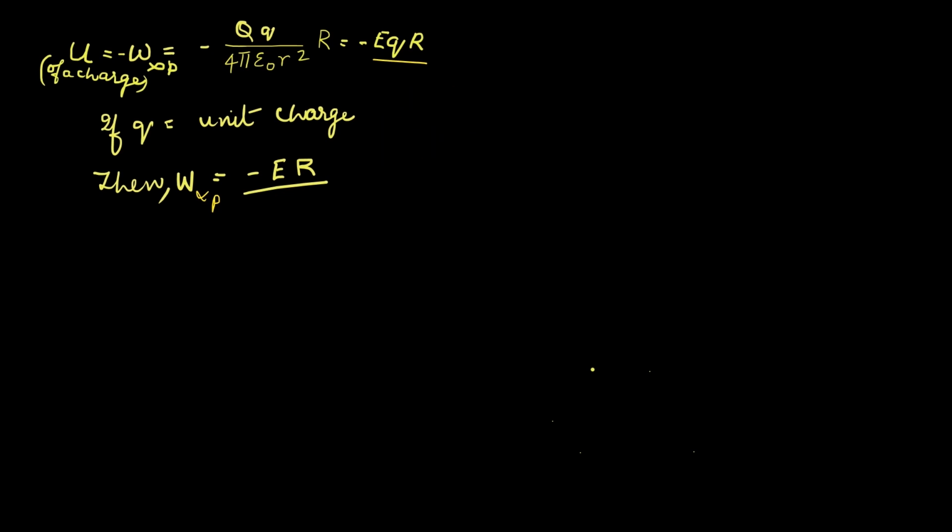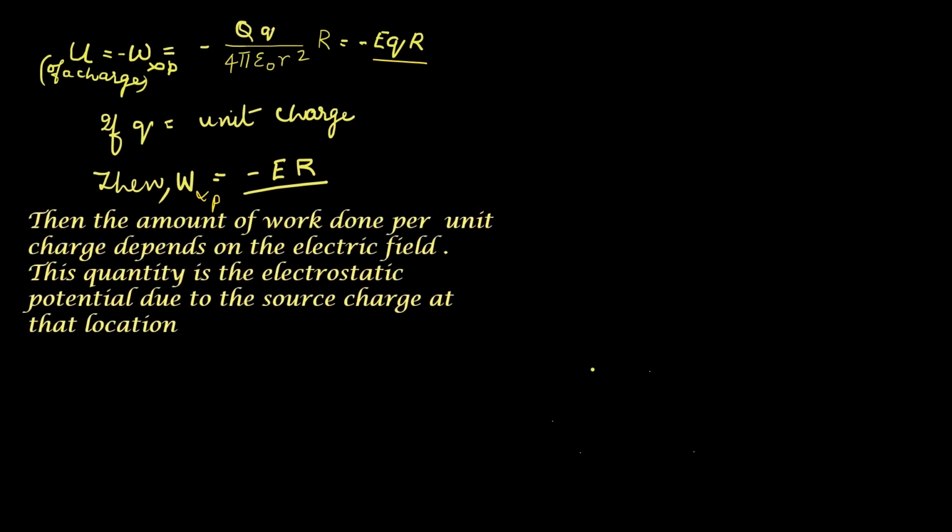For considering electrostatic potential of a location, always the test charge is considered as unit charge. The amount of work done per unit charge depends on the electric field. This quantity is electrostatic potential due to the source charge at that location.